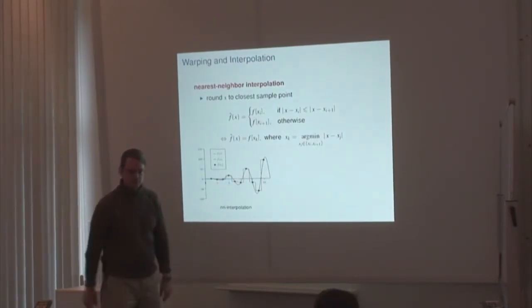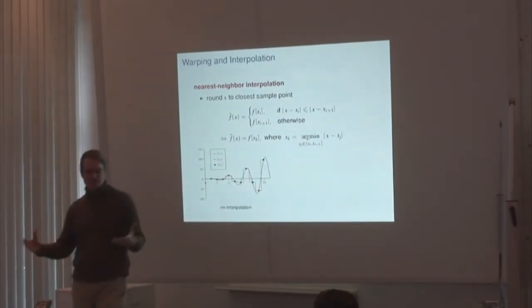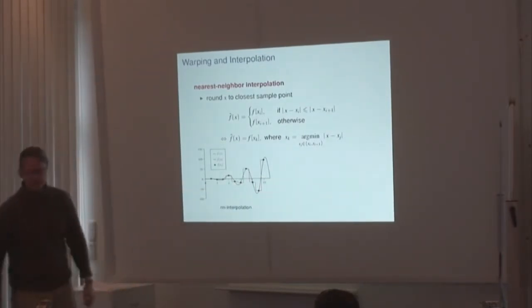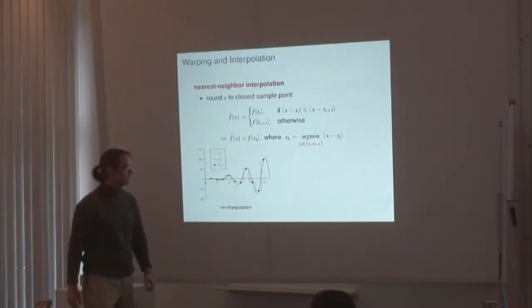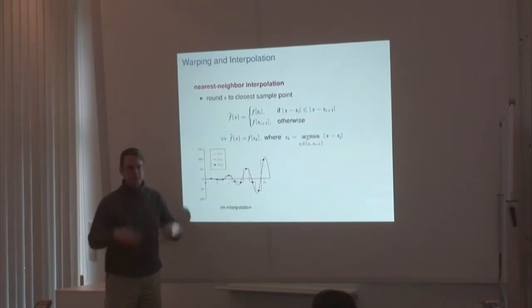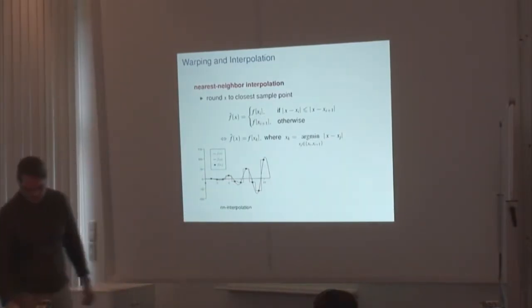And we do that by, basically, we are given one coordinate x, and we look at the 2 closest discrete coordinates, xi and xi plus 1, and set the value of f hat at x to the value of f of xi, where xi is the one that is closer. Nearest neighbor interpolation.